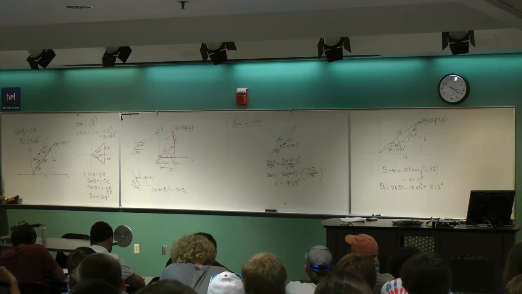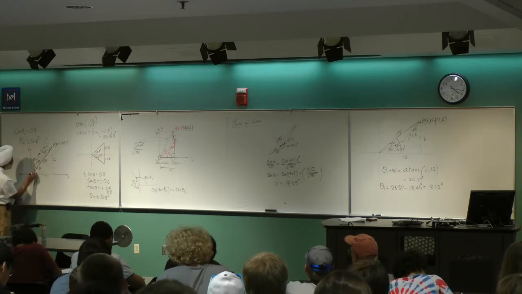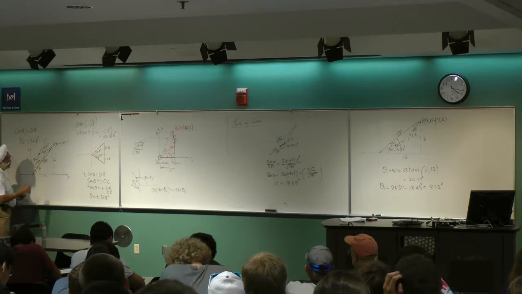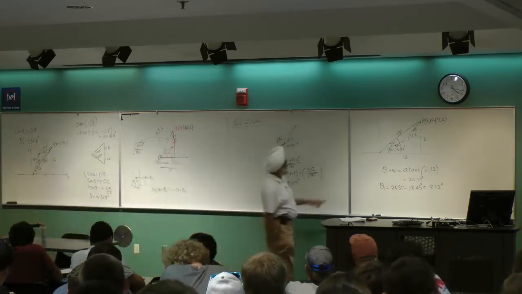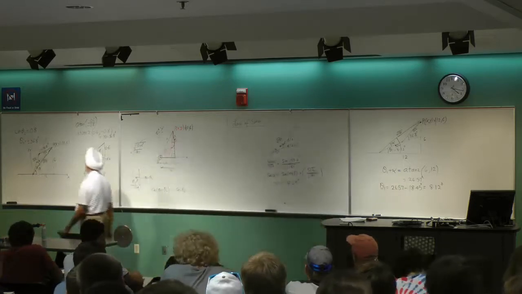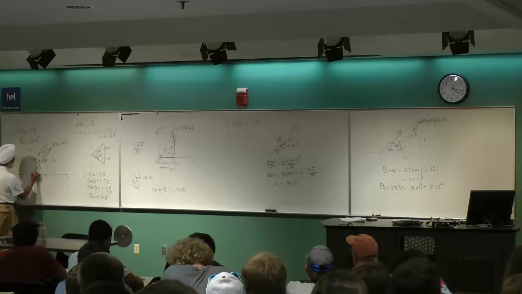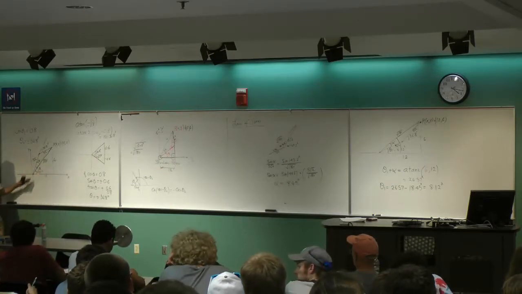Right? So again, we know the total angle, we know this angle, right? It is what we found with arctangent here, 26.57 degrees. 26.57 degrees, right?